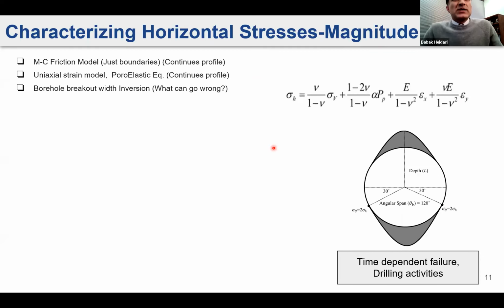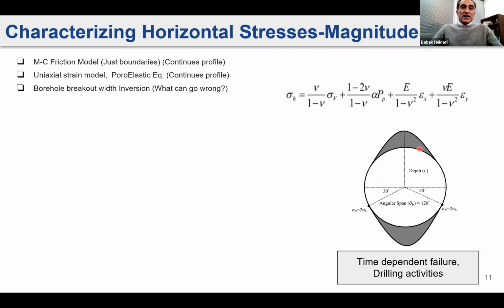And there are techniques around using the borehole breakout widths. And I know that this is very, very well established. I'm trying to be careful here. So this is a very well established equation and formula around this thing.